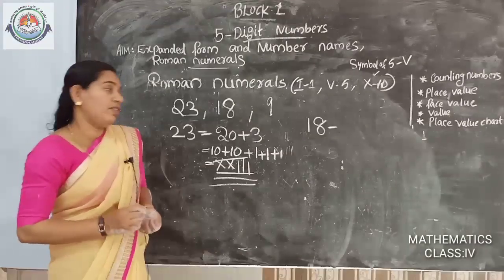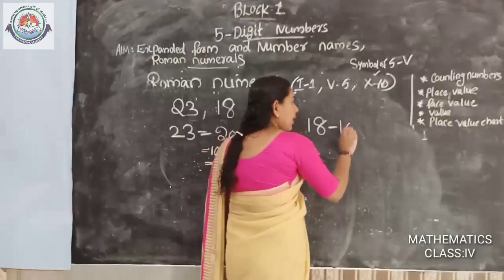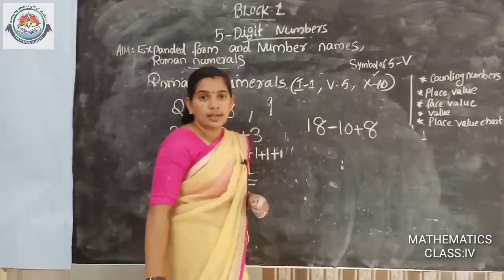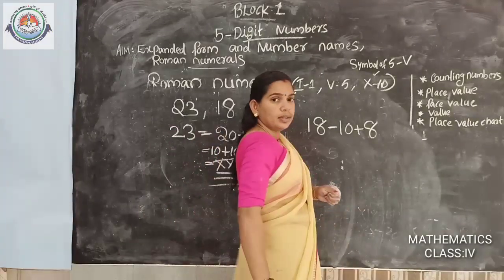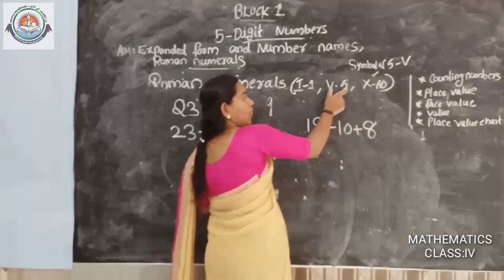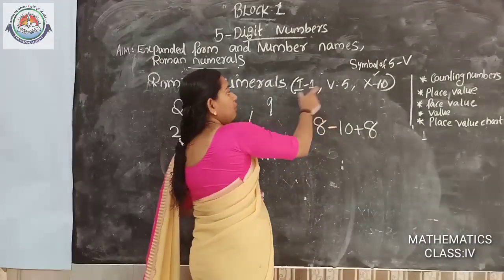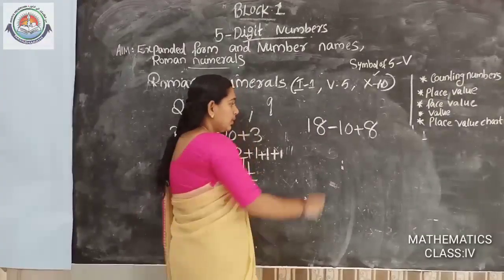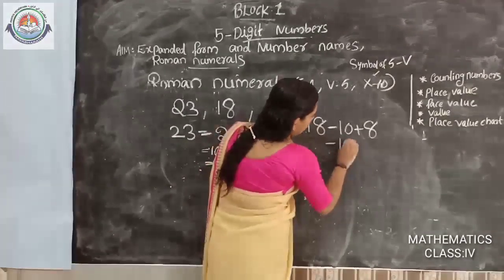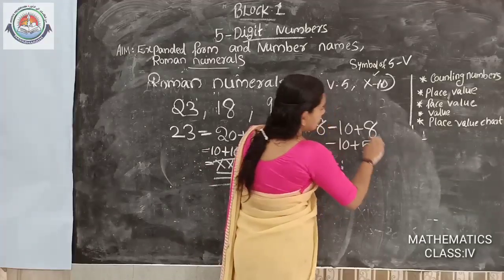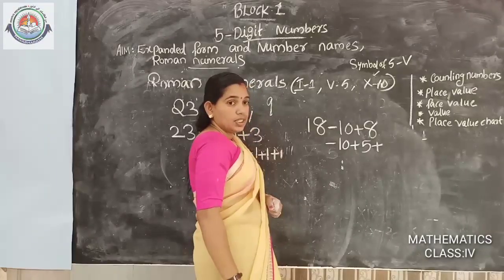Next we are taking 18. 18 we can write 10 plus 8. Here the symbol of 10 is there, but 8 is not there. But we have 5 and 1. We can make 18 using this 5 and 1. 10 plus 5 plus 3 is 8.